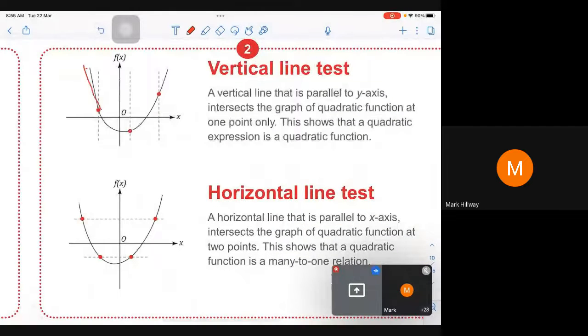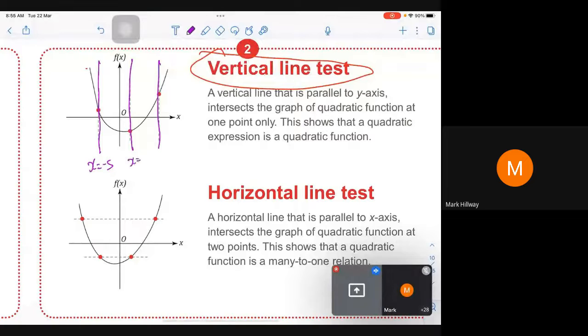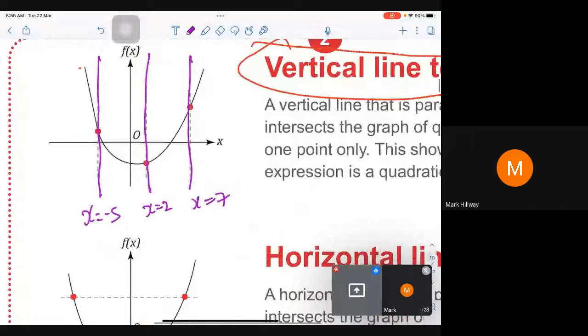This is a quadratic. And if we draw the vertical line like this, it intersects with the curve. Let's say this one s equals -5, s equals 2, s equals 7. Vertical line. So we will have only one intersect for each vertical line.